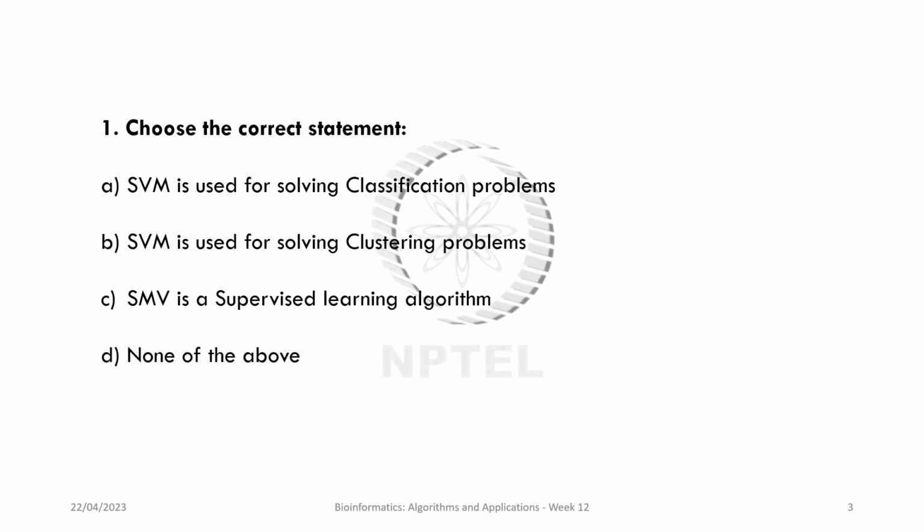Choose the correct statement. Option A, SVM is used for solving classification problems. Option B, SVM is used for solving clustering problems. C, SVM is a supervised learning algorithm. And D, none of the above.